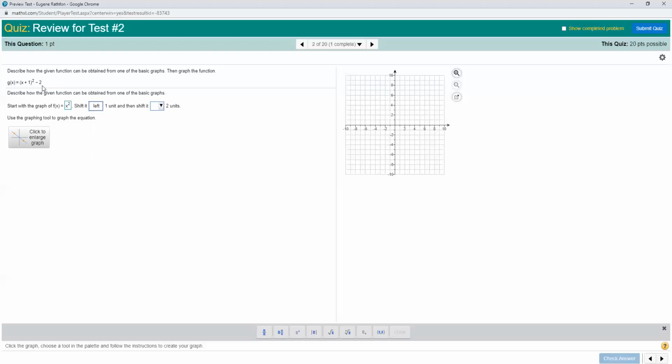At the end of the graph is going to go up or down. So on that, and since it's negative, we're going to go down. So let me write that down. That was g of x equals (x plus 1) squared minus 2.